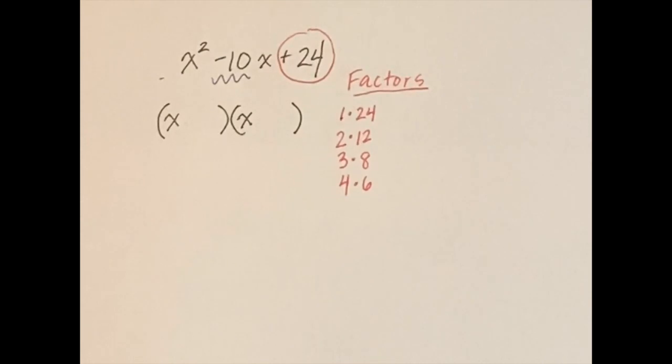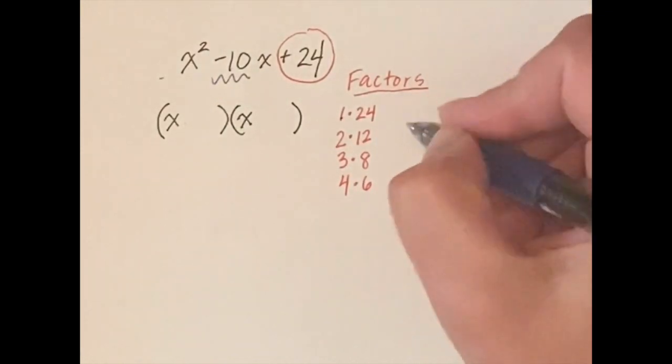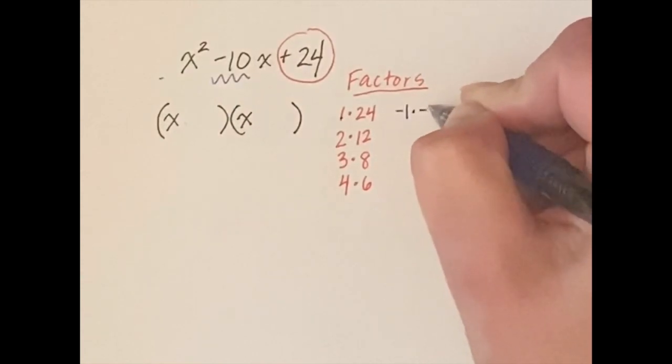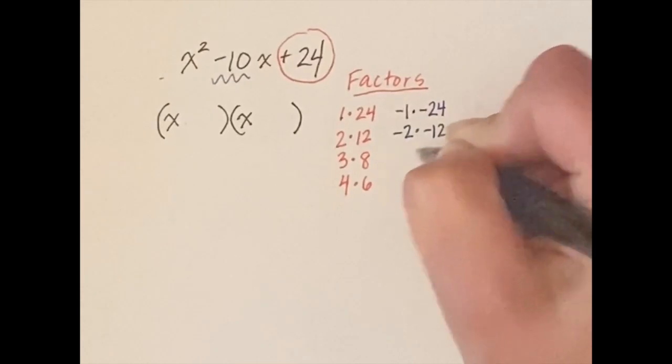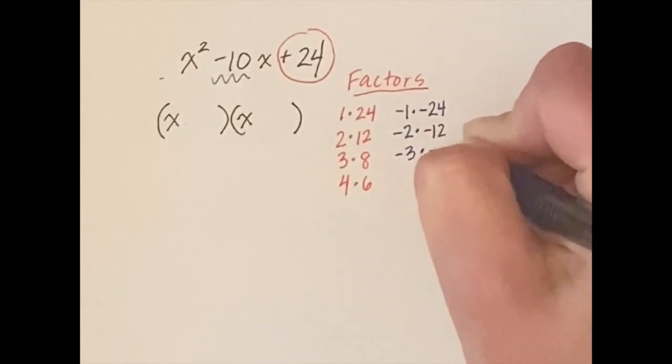If I add them together, I'm not going to get any negative numbers at all. So what else do I know about multiplying negative numbers to get a positive answer? That's right. We know that two negatives also make a positive. So we have all of these factors as well.